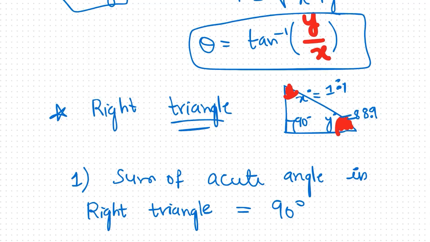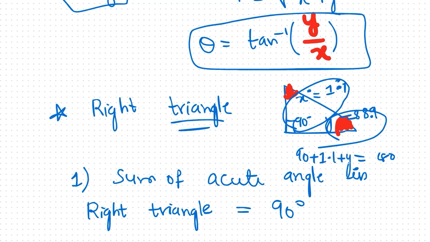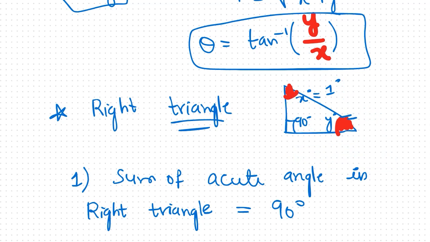So instead of adding 90 plus 1.1 plus y degrees equal to 180, and doing all that subtraction, we can understand that the sum of the acute angles should add up to 90 degrees.